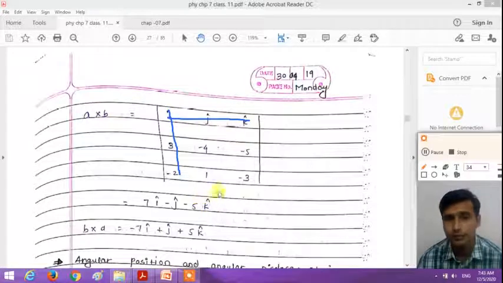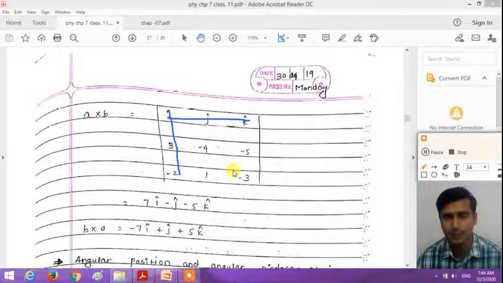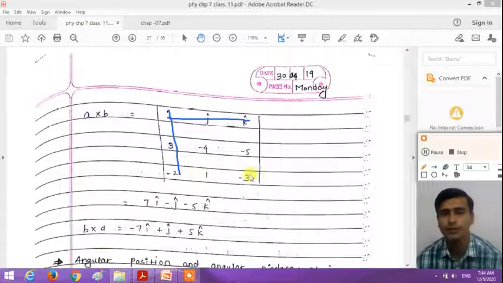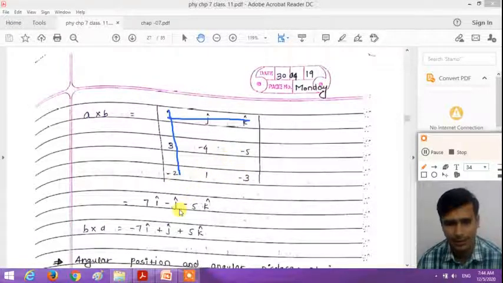Similarly, put a minus j: multiply the components 3 into minus 3, minus minus 2 into 5, and you get the y component.